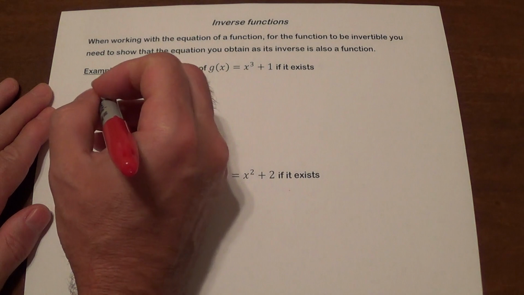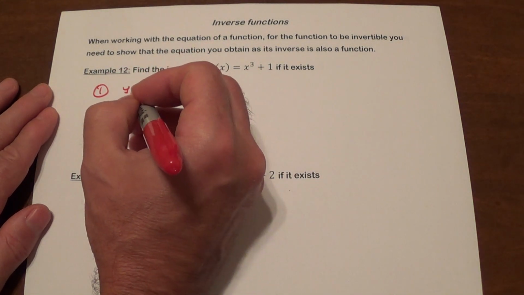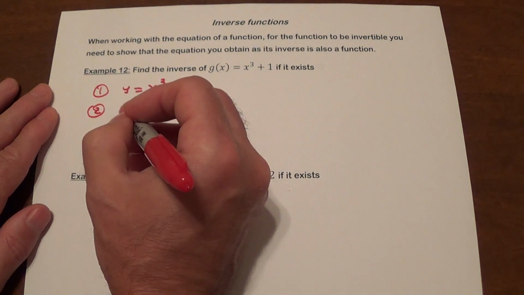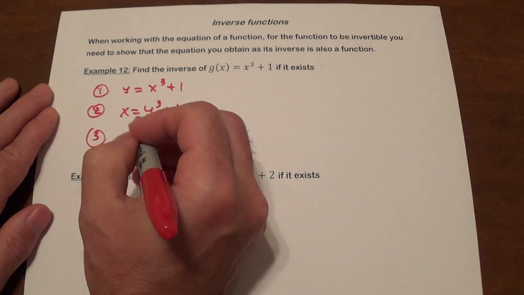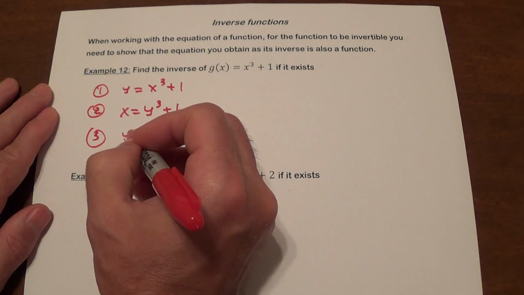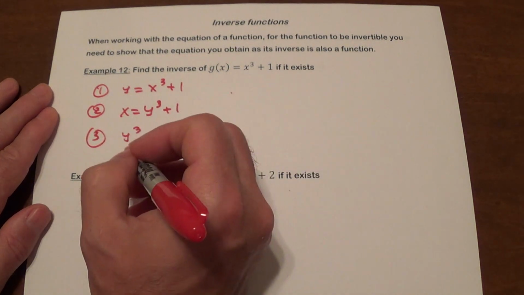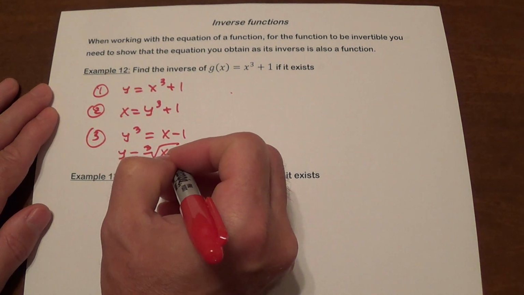So we're doing this one. Our first step will be to replace g with y equals x cubed plus 1. Step 2 will be x equals y cubed plus 1. Step 3, we solve it: y cubed equals x minus 1, which gives us y equals the cube root of x minus 1.